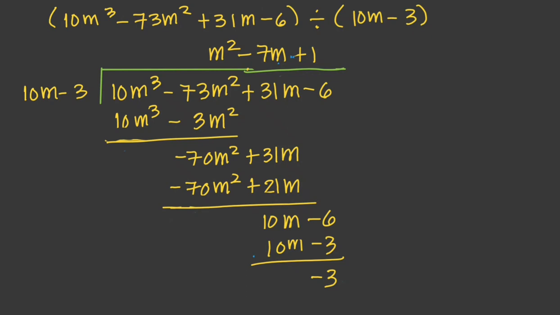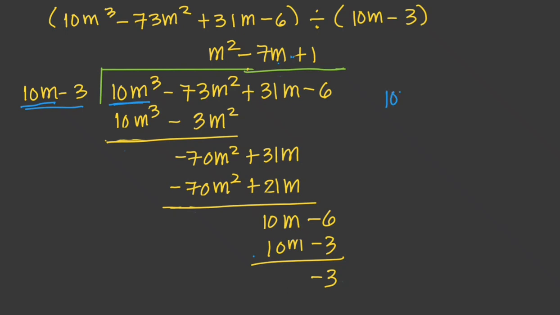Let's try another problem with a remainder that is not equal to 0. So we have here our polynomial 10m cubed minus 73m squared plus 31m minus 6 divided by 10m minus 3. The same thing, we divide the first term of our dividend by the first term of our divisor.